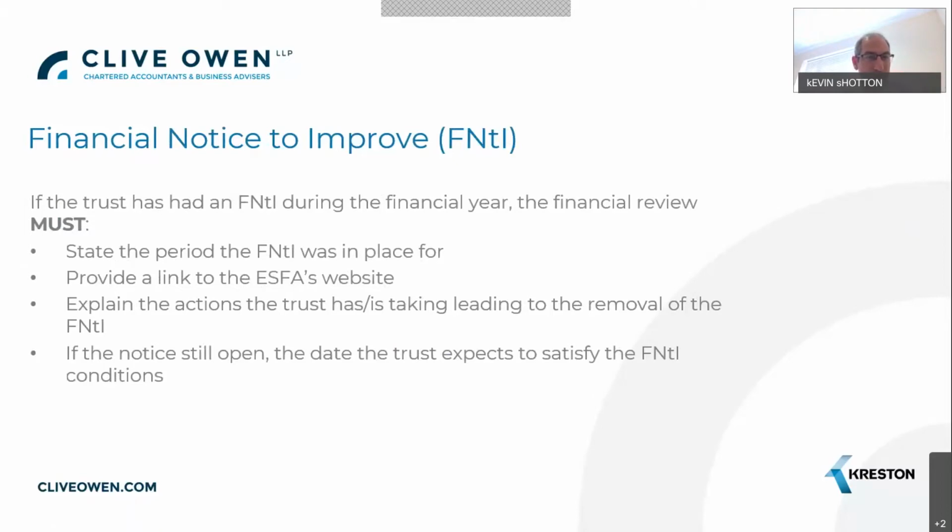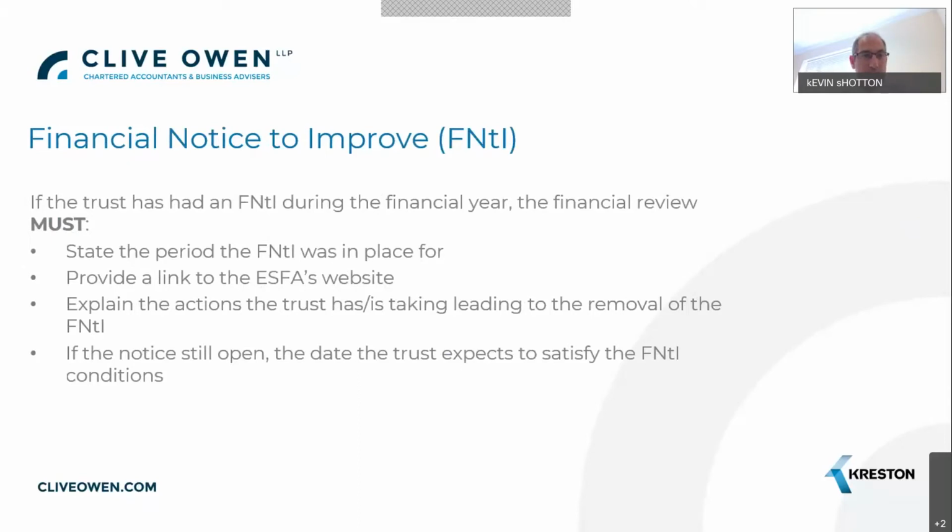So just following on from what Chris was talking about, one area where there is more disclosure goes into the trustees report, if the trust is unfortunate enough to be in a position where they've got a financial notice to improve.